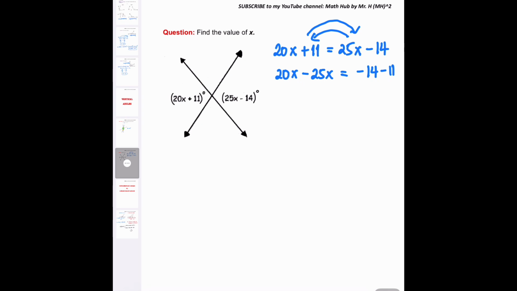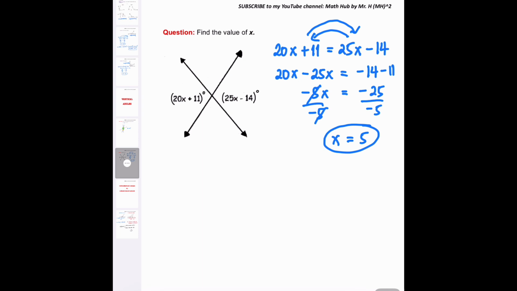The left-hand side gives us negative 5x, and the right-hand side, negative 25. Then dividing both sides by negative 5 gives us the value of x, which is 5. There we go. So x is equal to 5.